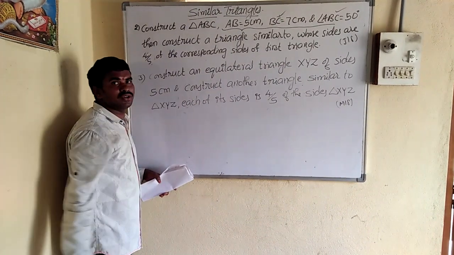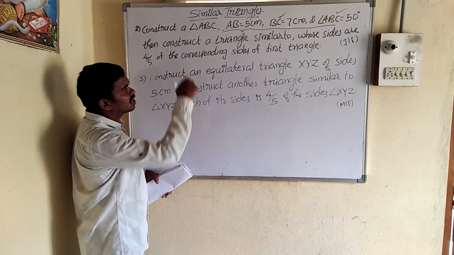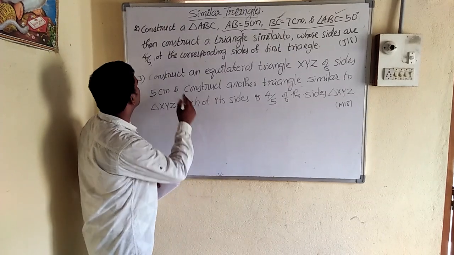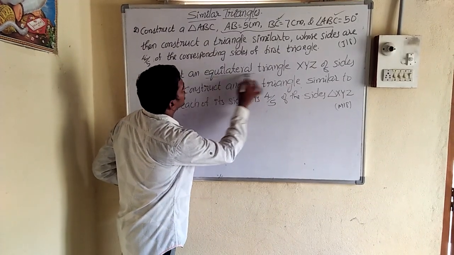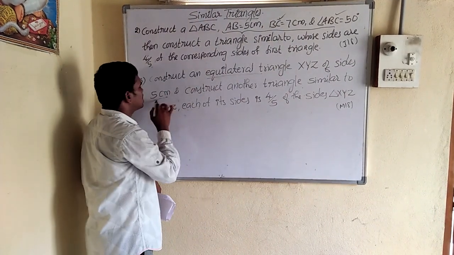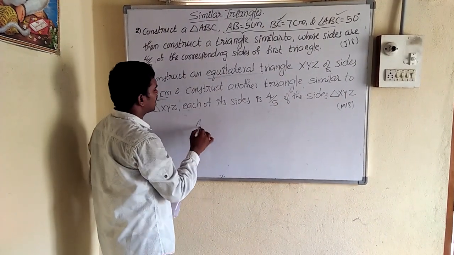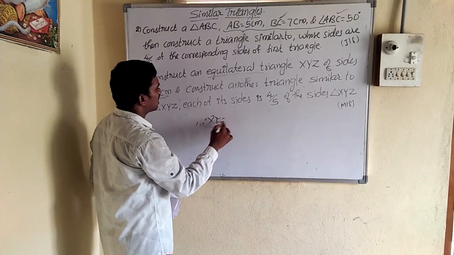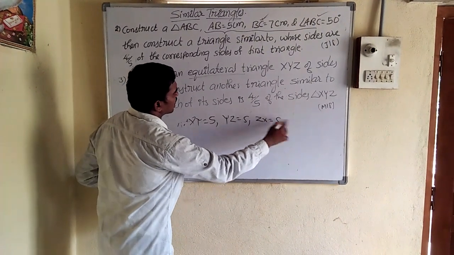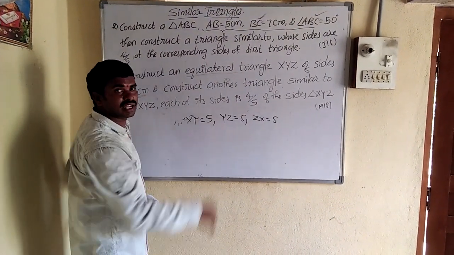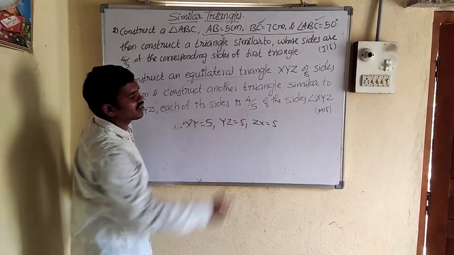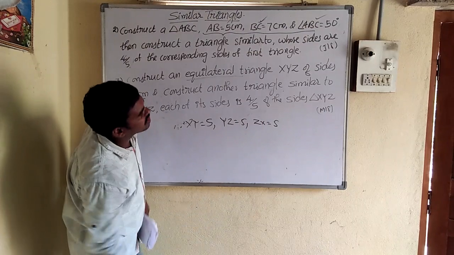Questions one and two are explained, so based on those you can simplify this question. We have to remember that it is an equilateral triangle, so if one side is 5 cm, each side becomes 5. So you can take XY equal to 5, YZ equal to 5, ZX equal to 5. Draw an equilateral triangle. Next, draw the similar 4 by 5 triangle, as in the previous question.